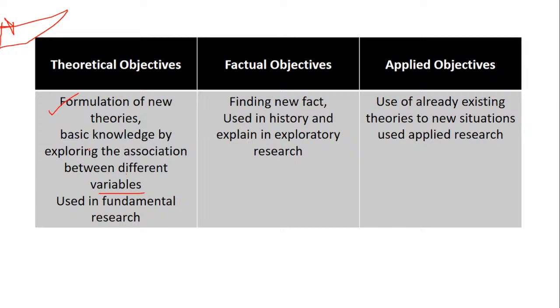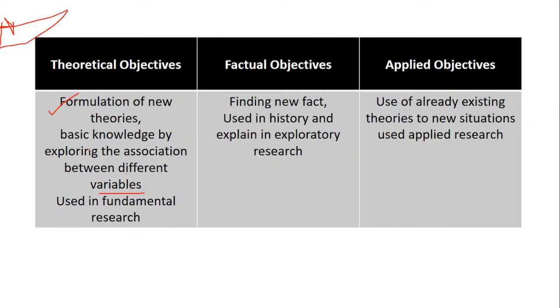And this theoretical objective can be utilized in fundamental research. Factual objectives talk about the facts, they are used in history, and they explain exploratory research, what exactly the exploration is about. So that gets considered under factual objectives.